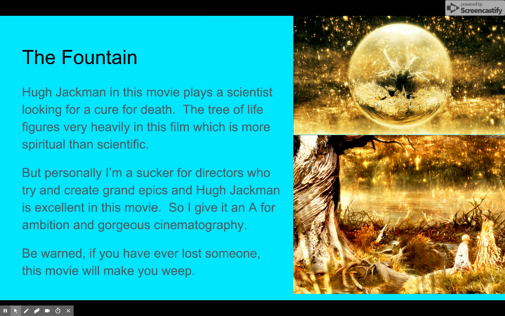The tree of life figures prominently even in the woman's dress, and it's a controversial film. It's got some beautiful film scenes, and if you've ever lost anyone, particularly to cancer, you won't get through the film without weeping. But this is his spaceship at the top of the page throughout the movie, which is kind of really neat.